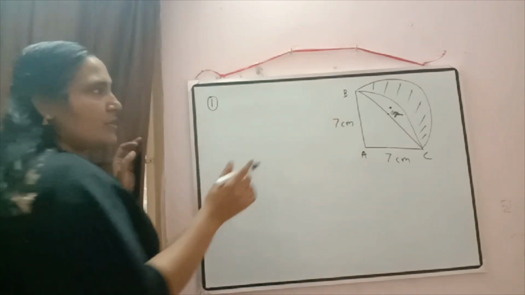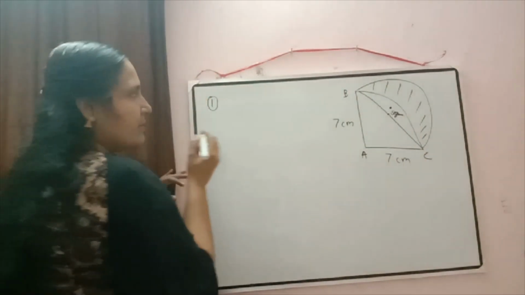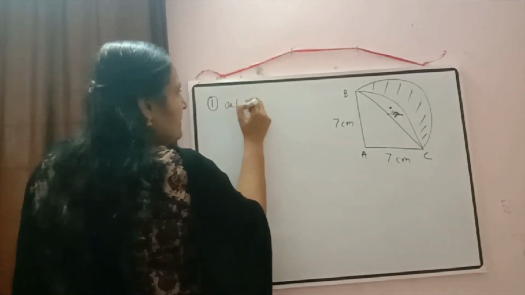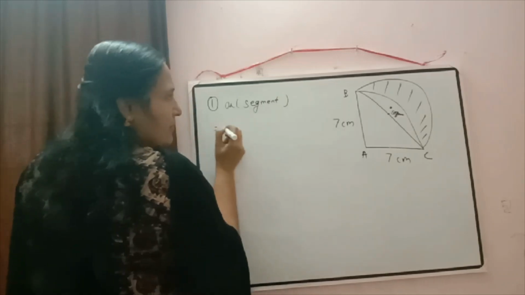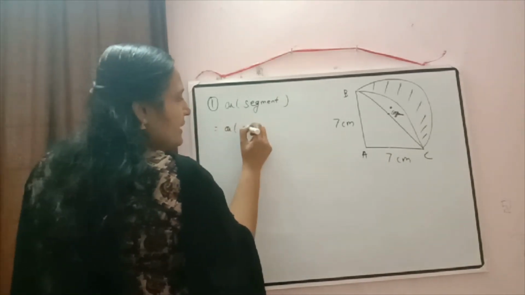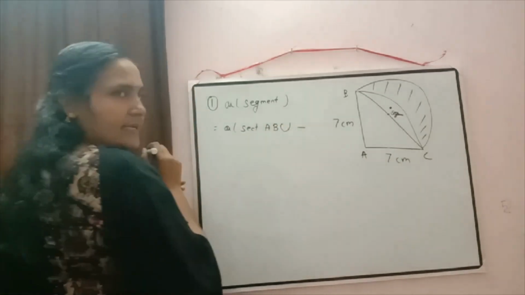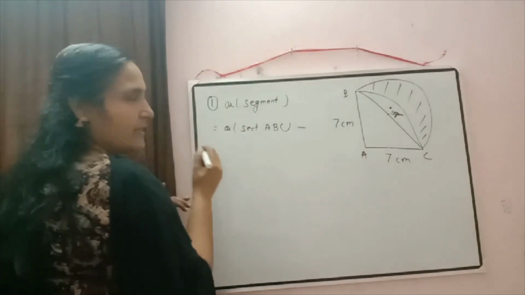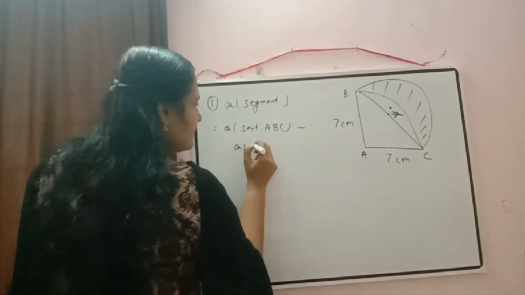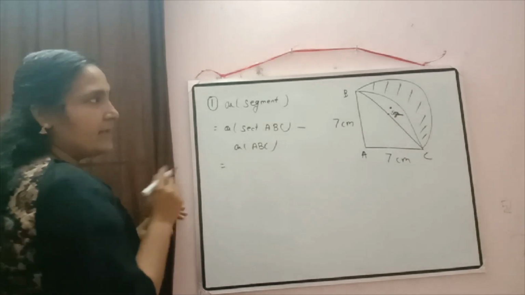So first I am calculating the area of the segment. Just write down there. Area of segment is equal to area of sector ABC minus area of triangle ABC.